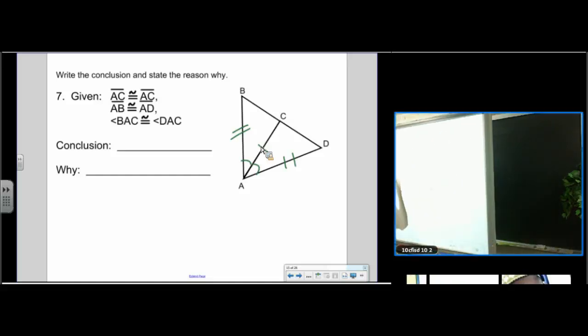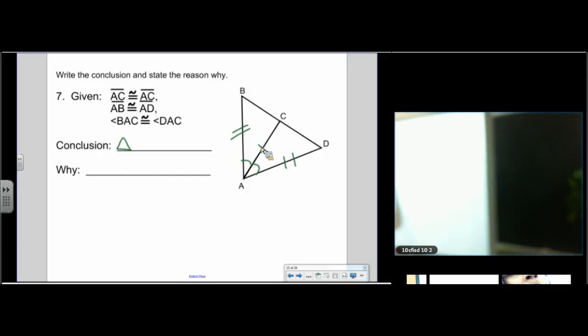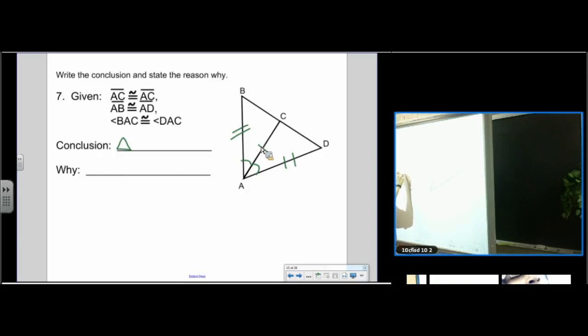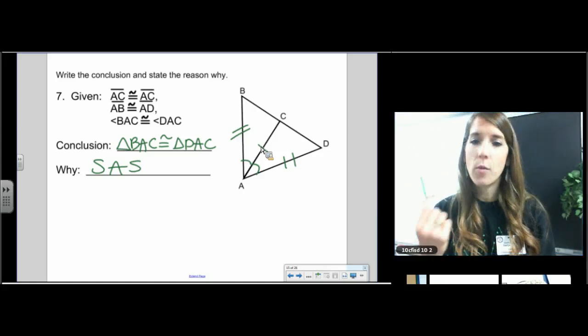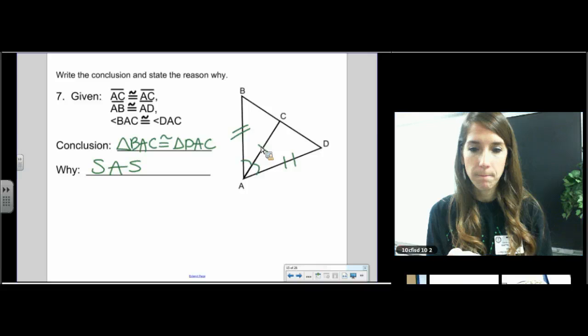We can conclude, kind of like we did earlier today, that triangle BAC is congruent to triangle DAC. And the reason is side angle side. And then if we were to keep going and we were to say angle B is congruent to angle D, the Y would be CPCTC.